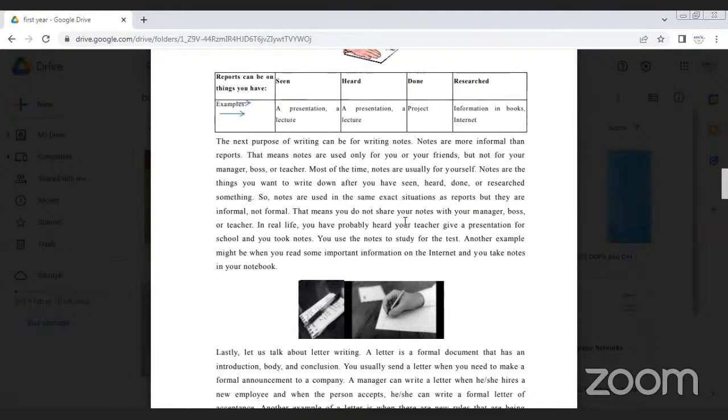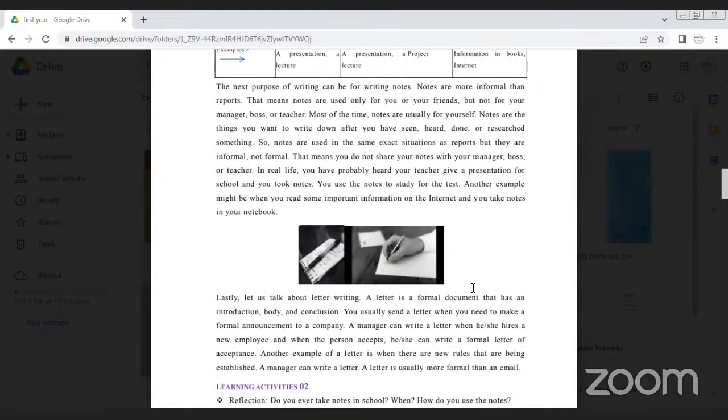The next purpose of writing can be for writing notes. Notes are more informal than reports. That means notes are used only for you and your friends, but not for your manager, boss, or teacher. Most of the time, notes are usually for yourself only.